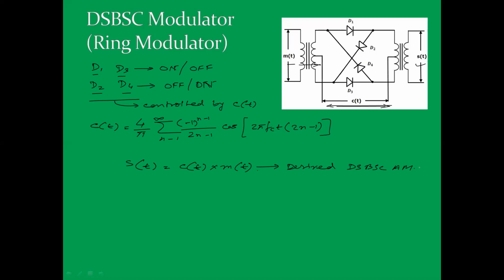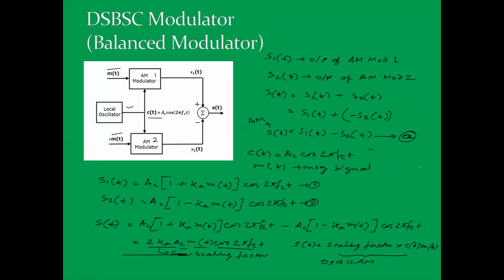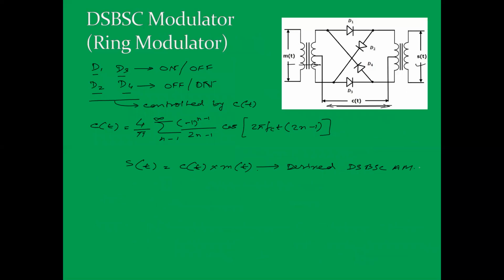In the previous equation, after a lot of calculation, I was getting C of t and M of t, which is the product. But in this ring modulator, whenever the message signal passes through it, directly S of t is the product of M of t and C of t. That's why it is known as product modulator.